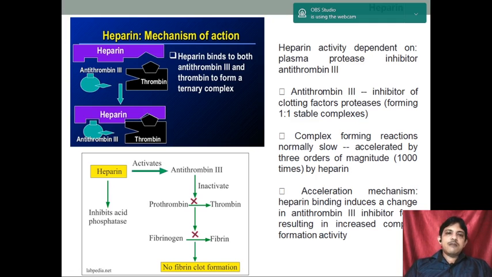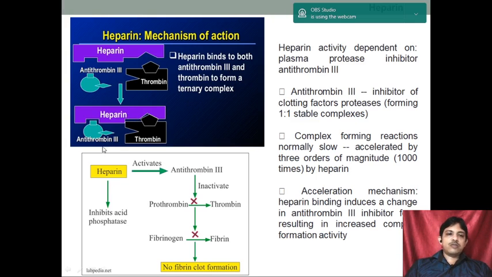Now, let us see the mechanism of action of heparin. Consider antithrombin 3 and thrombin. Heparin binds to both antithrombin 3 and thrombin to form a ternary complex.